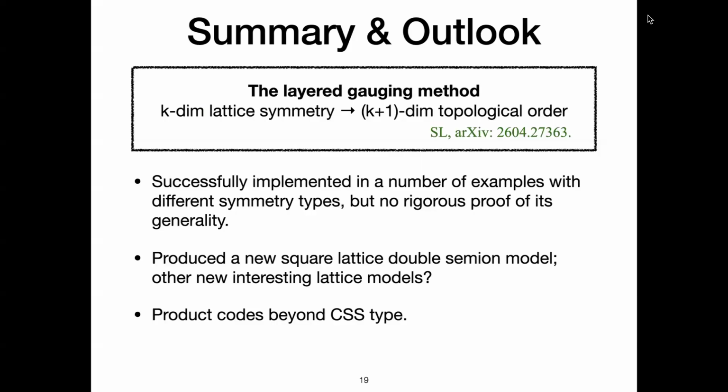It just shows that this method may be possible to produce new lattice models that we didn't know before. But whether the lattice model is useful, it depends. The double semion model is probably not very useful compared to the existing ones. But maybe in the future I can find some other interesting models.